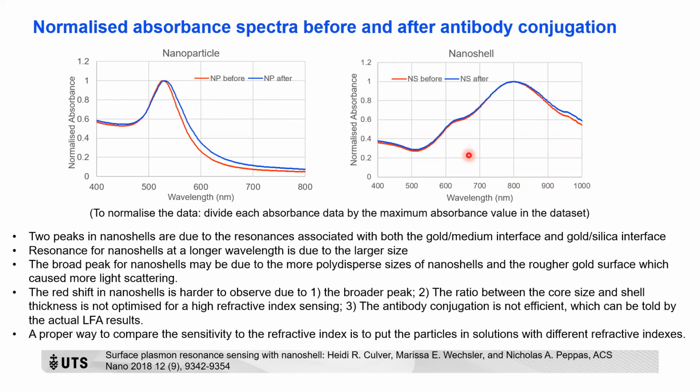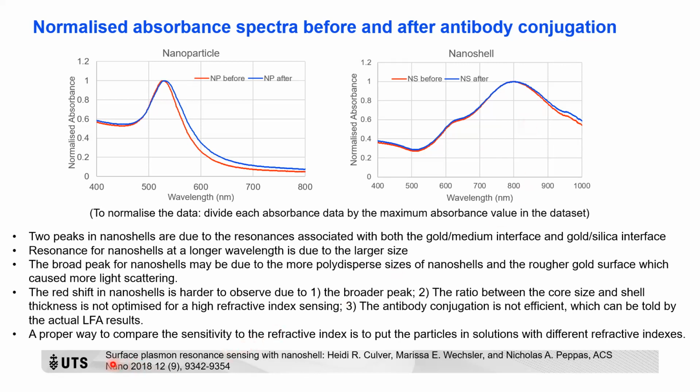That will make it more obvious to see whether this peak can red shift when the refractive index changes. That is the very basic thing that we can do in the future if we want to see whether this nanoshell responds to the refractive index in the environment.